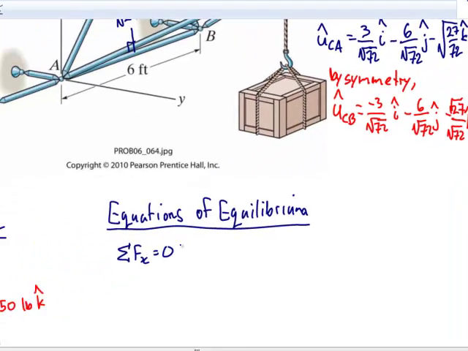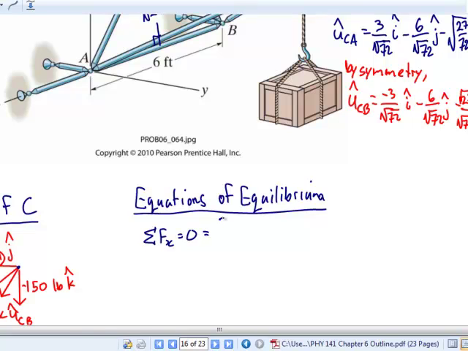So that's going to be 3 over root 72 times FAC, minus 3 over root 72 times FBC.